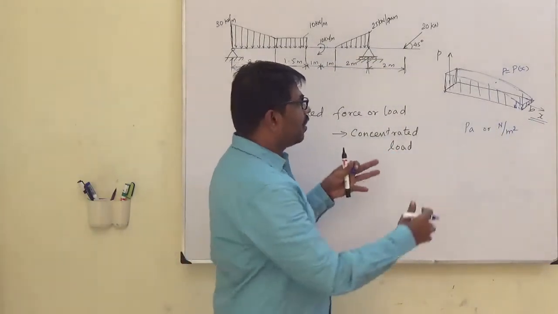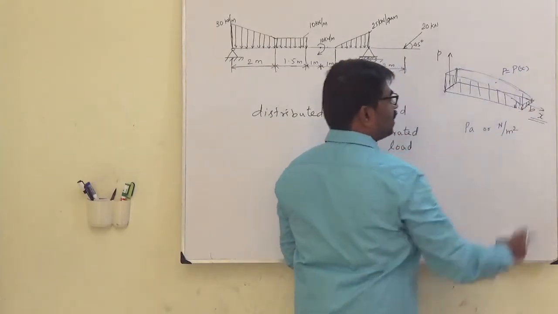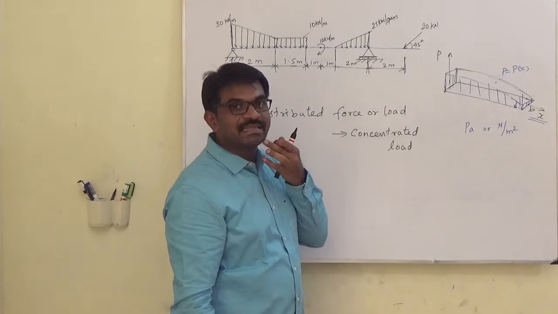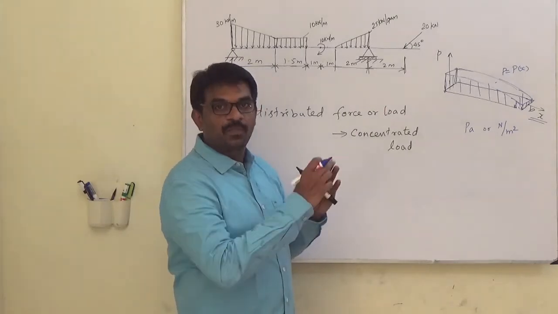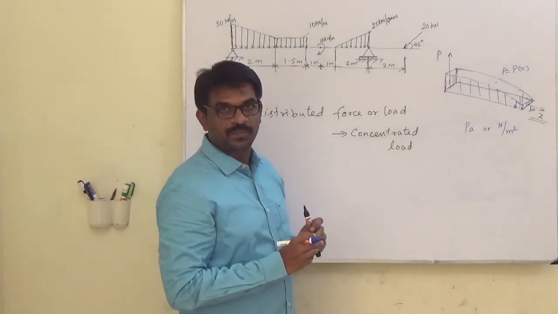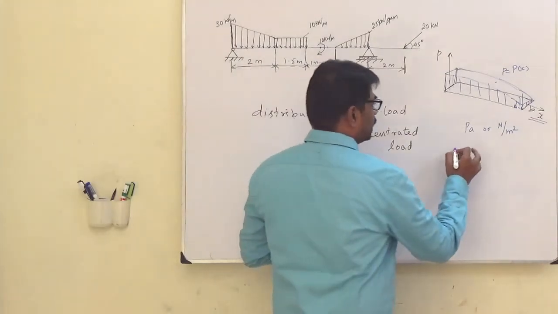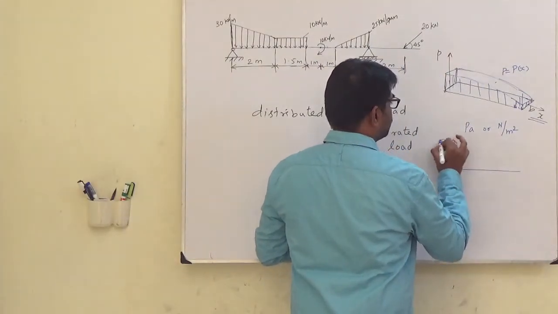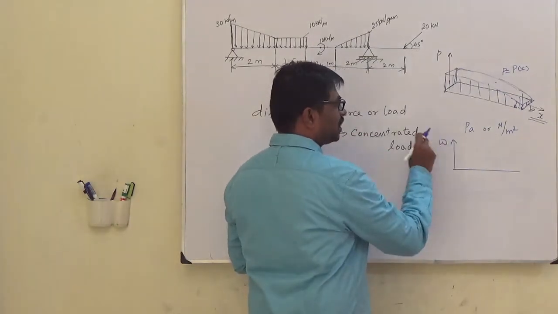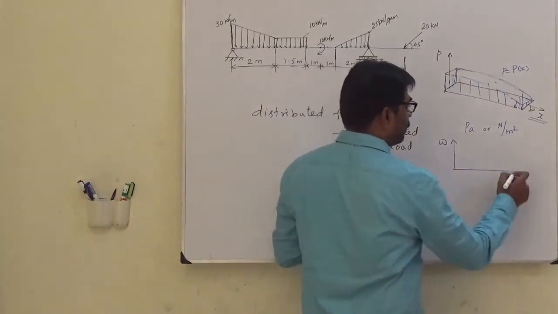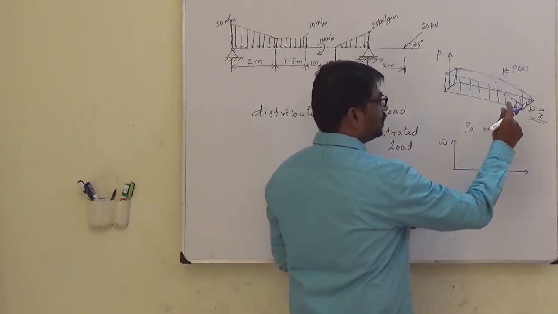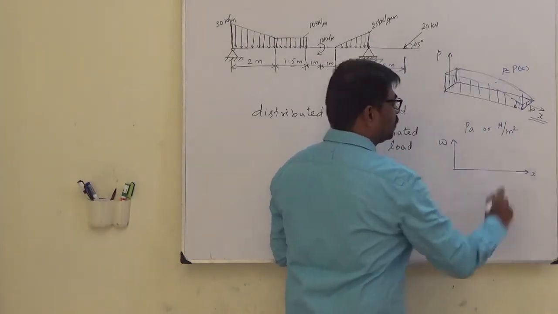Okay, so now the width B is there, right? Now how to change this into a coplanar distributed force? I again consider another coordinate system where my load is expressed as omega or W with respect to x.